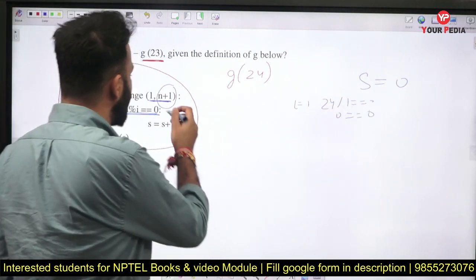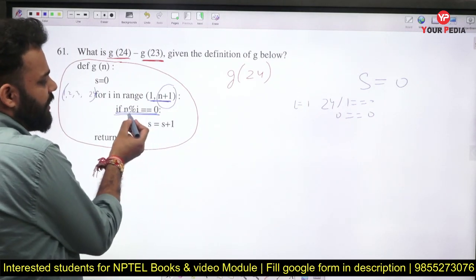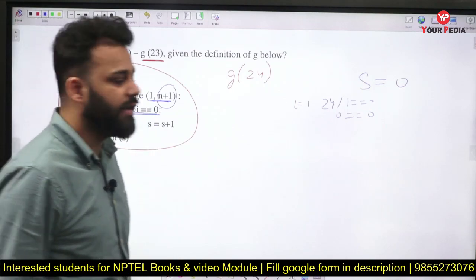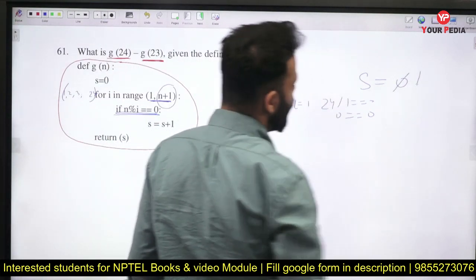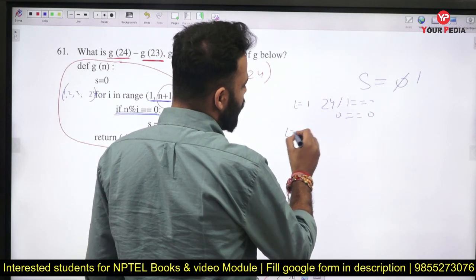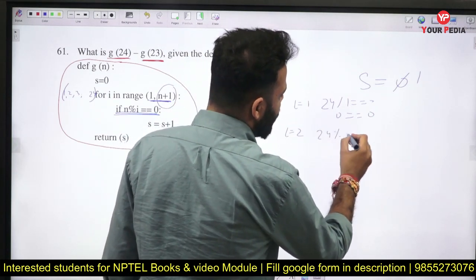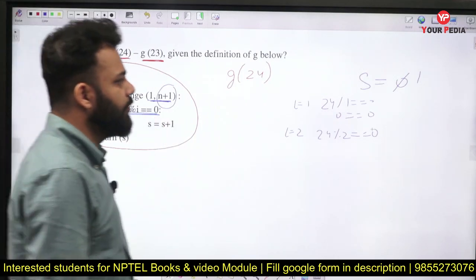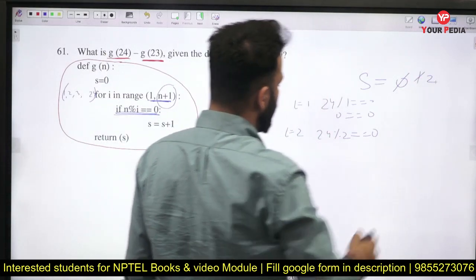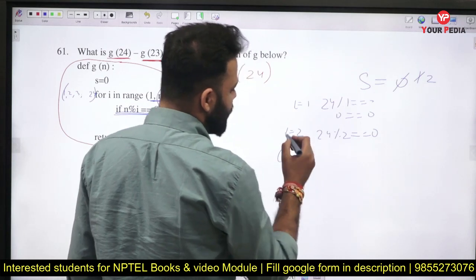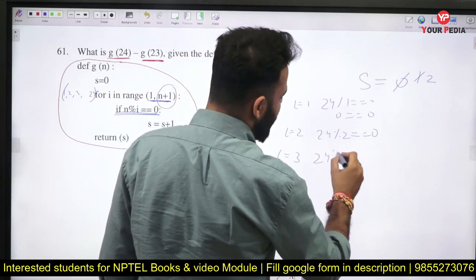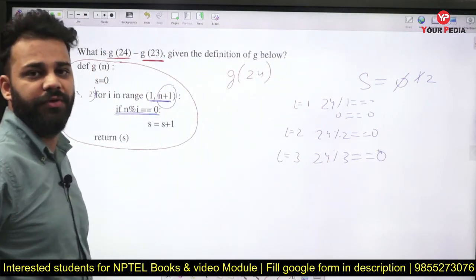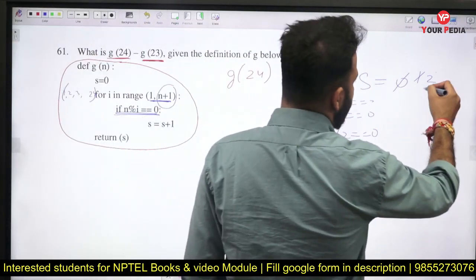So this statement is true, and it will go inside the if statement, and s will be incremented. So s will go to 1. Now for I equal to 2, 24 divided by 2 gives remainder 0, so this statement will again be true, and s will be incremented to 2. I equal to 3, 24 % 3 equal to 0, yes, 8 threes are 24, so it will be incremented again.